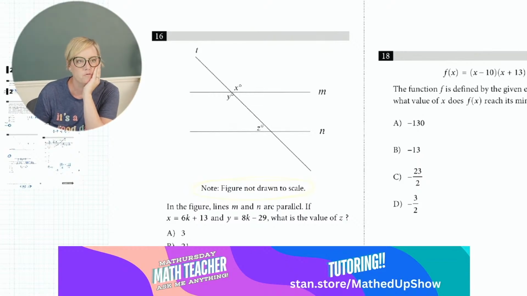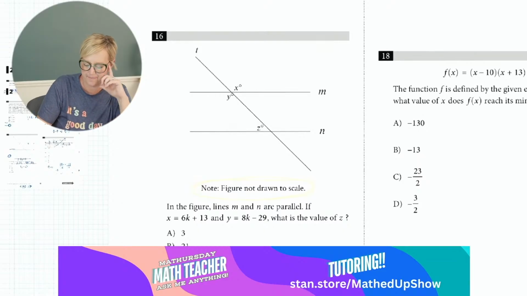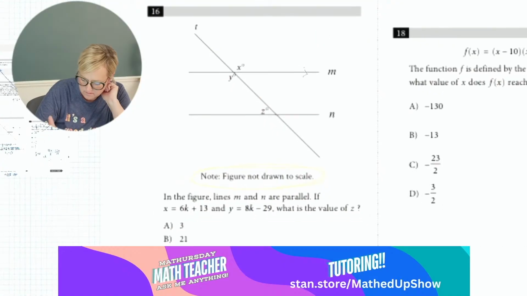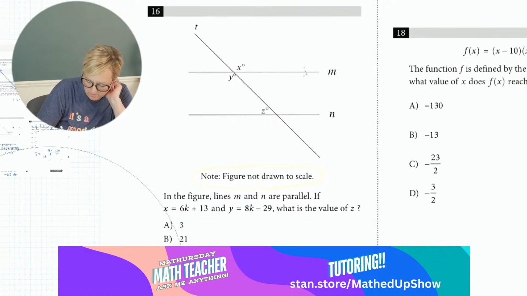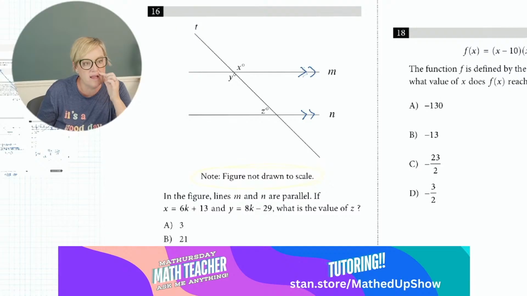So M and N are parallel. When you've got parallel lines, we've got a couple things going on.